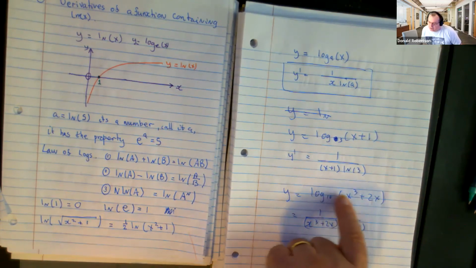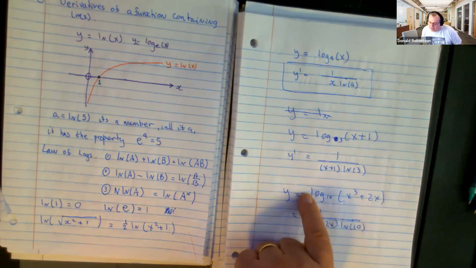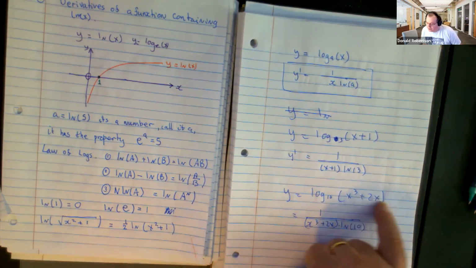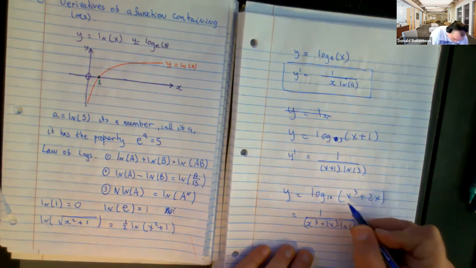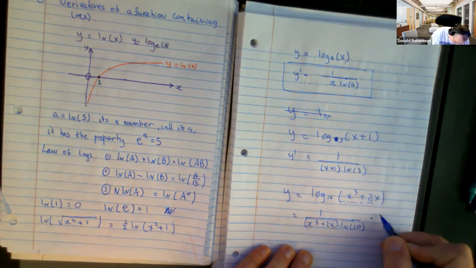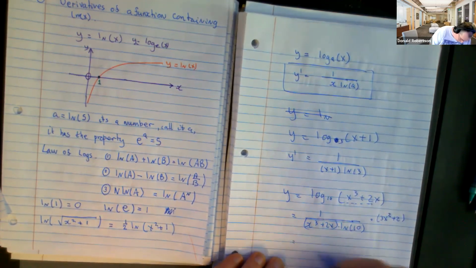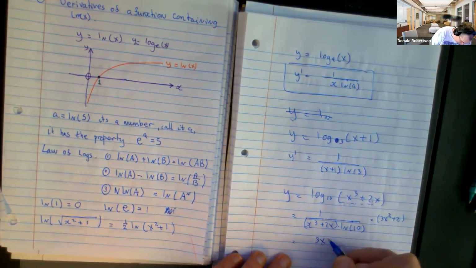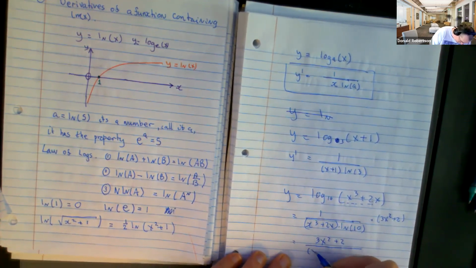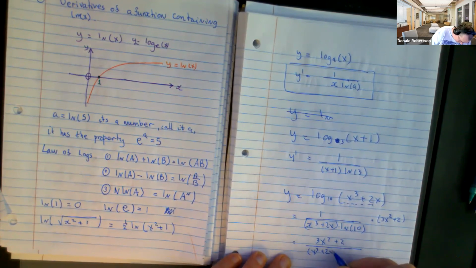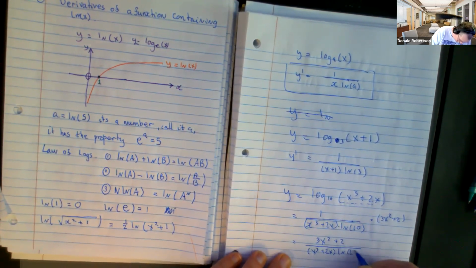It's not just the log base 10 of x, it's the log base 10 of an expression, right? So the inside function also kicks in, and that gets you 3x squared plus 2, over x cubed plus 2x, natural log of 10.